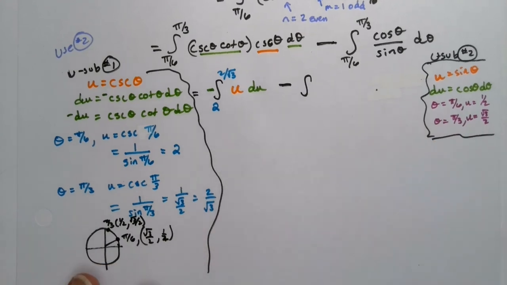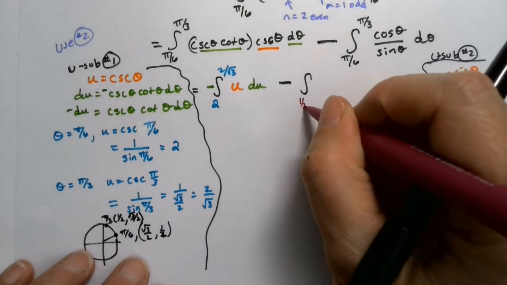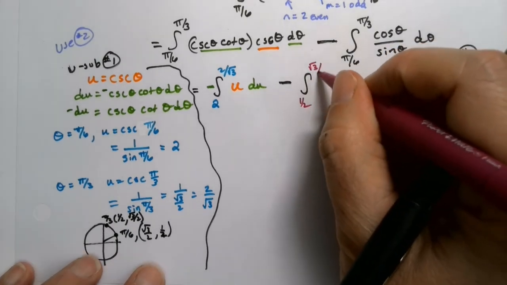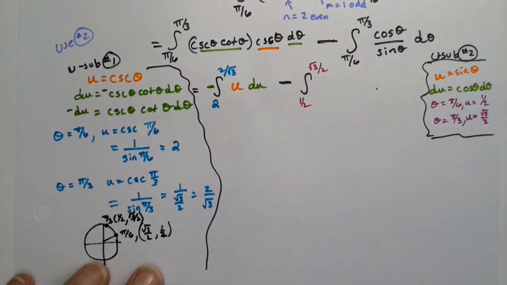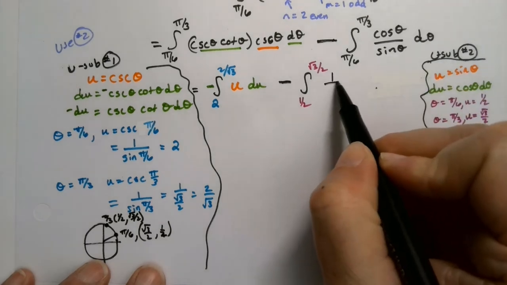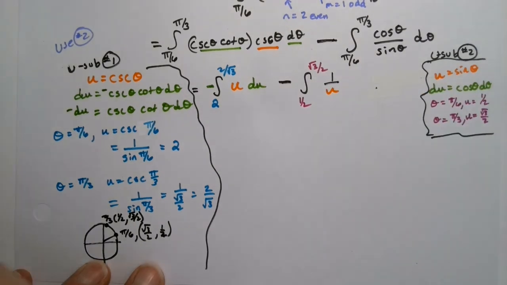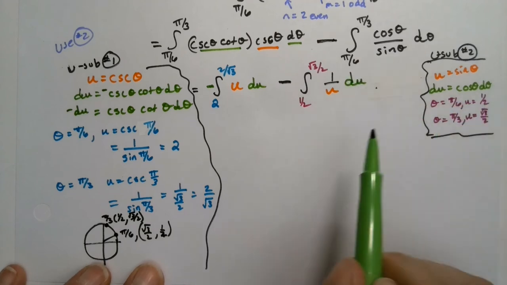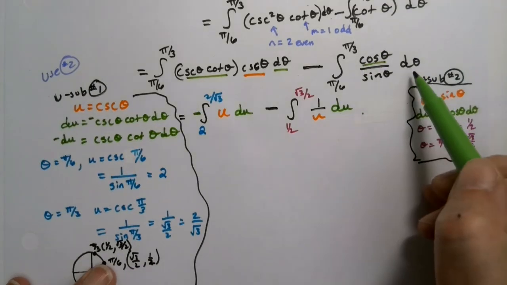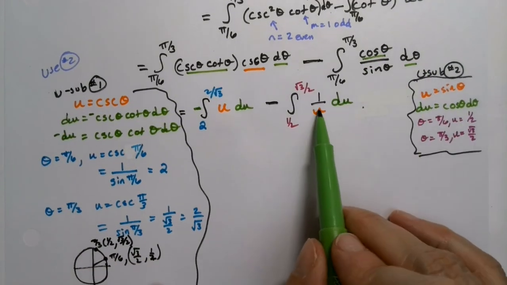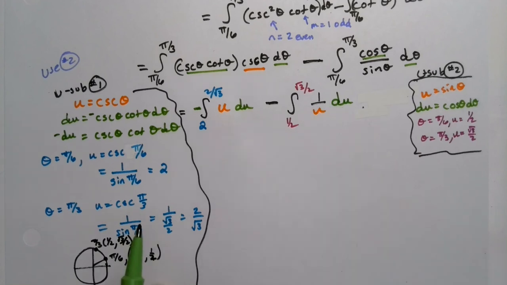So I'm going to go from a half to the square root of 3 over 2, and then it's 1 over u du, because cosine and d theta together make your du. Now I just need to integrate and I'm done.